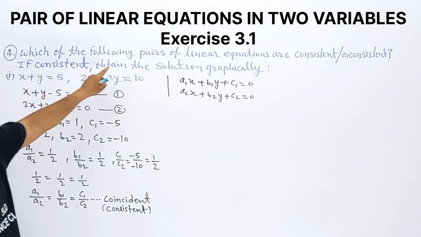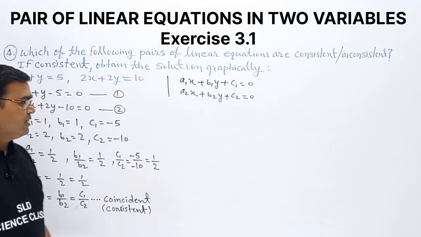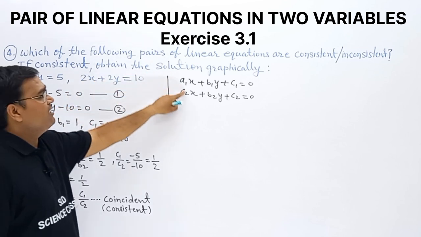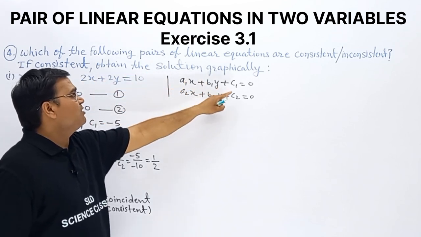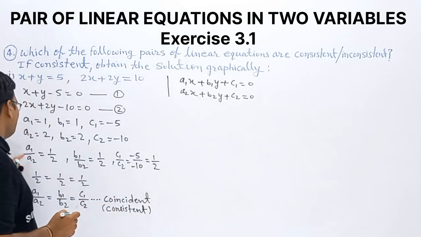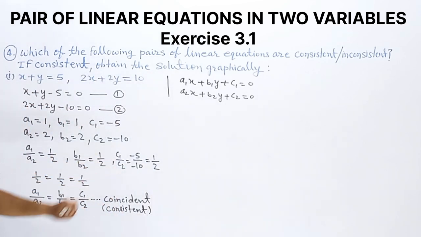If consistent, then find the solution graphically. Now we want to find the solution graphically. Again observe: first we compare the given pair of linear equations with the general equations, find a1, b1, c1, a2, b2, c2, and then find the ratios a1 upon a2, b1 upon b2, c1 upon c2. Then we get a1 upon a2 equal to b1 upon b2 equal to c1 upon c2.